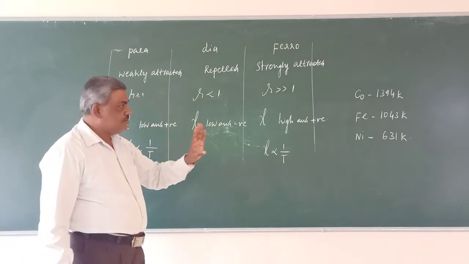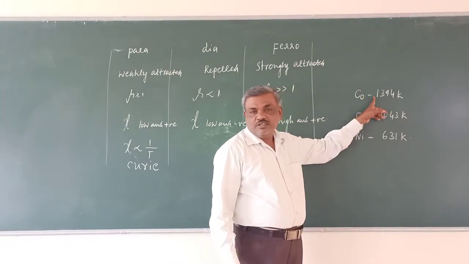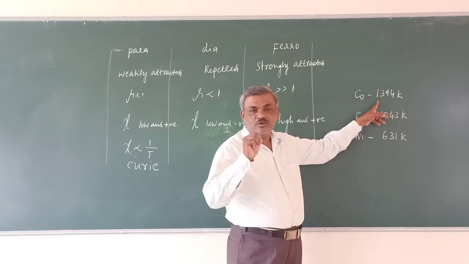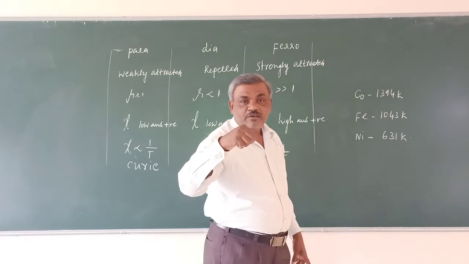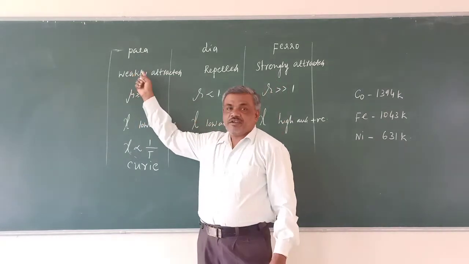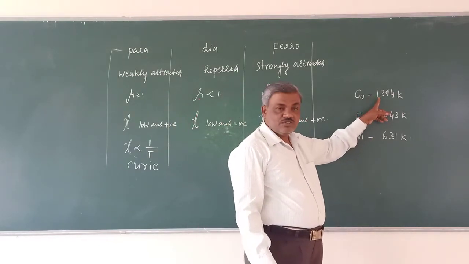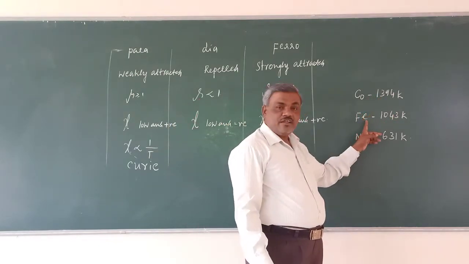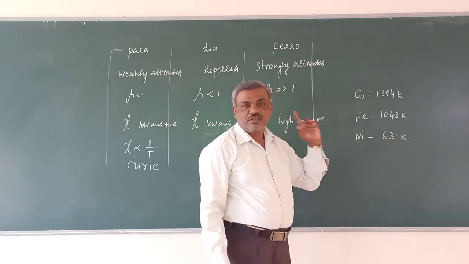So what is the Curie temperature for cobalt? I already mentioned 1394 Kelvin. After this temperature, ferromagnetic materials convert into paramagnetic material. The Curie temperature for cobalt is 1394, iron 1043 Kelvin, nickel 631 Kelvin.